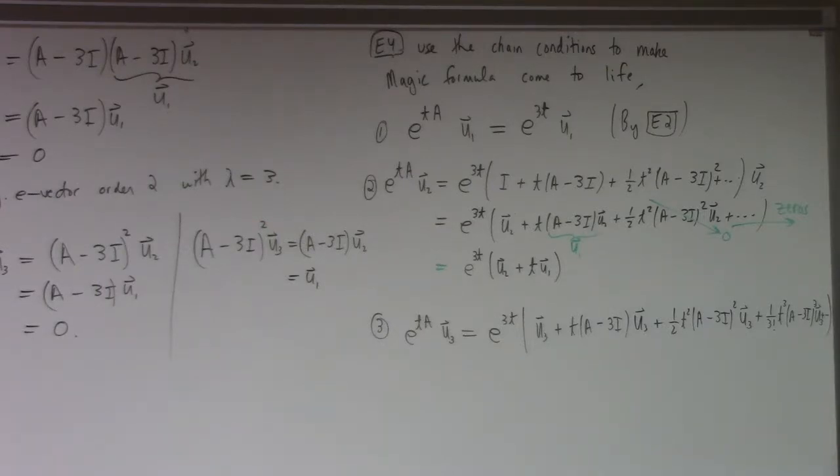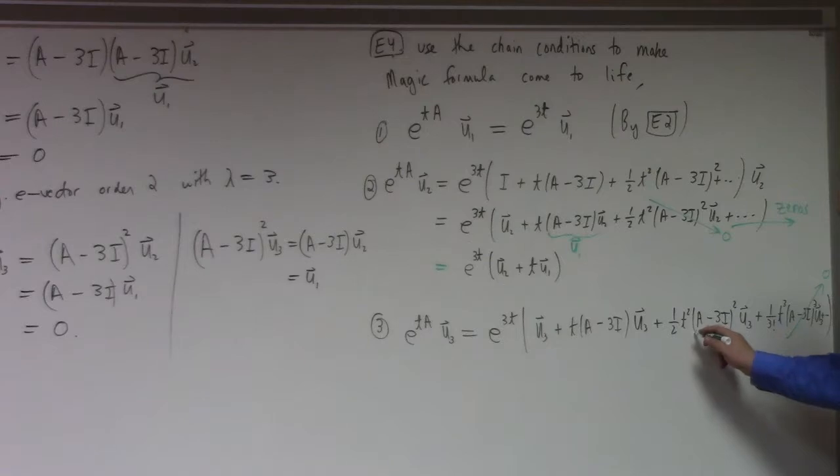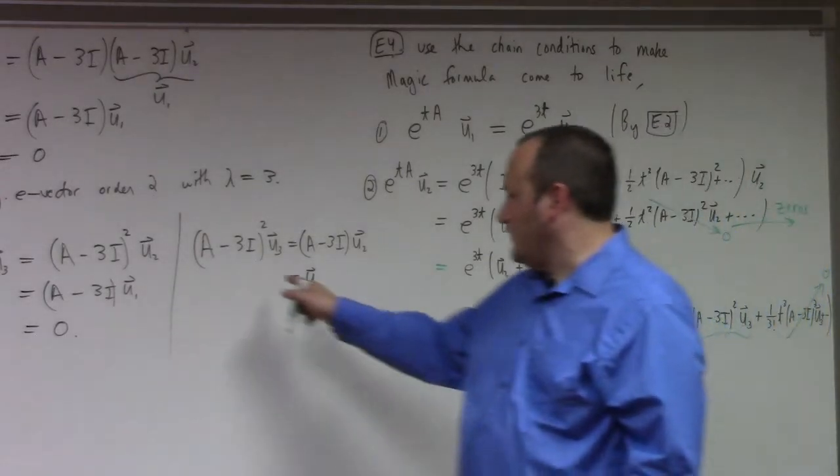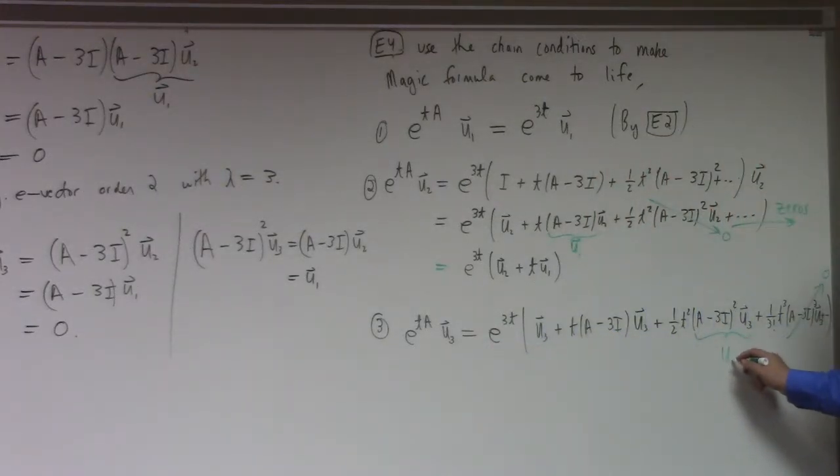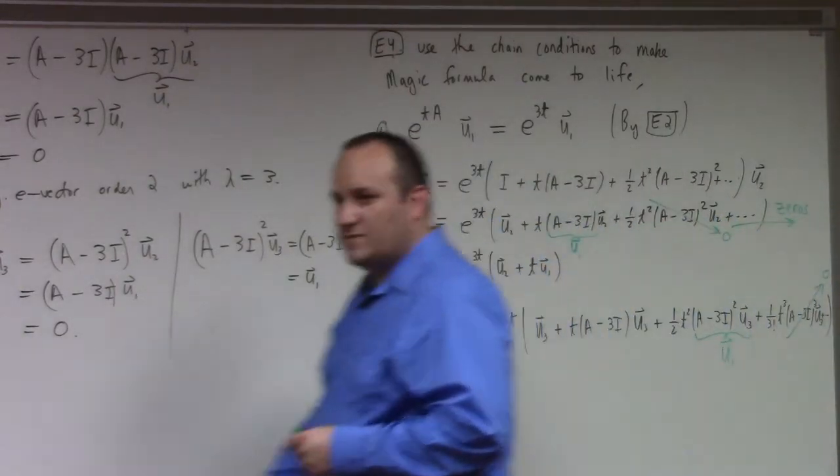The last thing I wrote, if we really understand what's going on, we don't even need to write, because u3 is a generalized eigenvector of order 3, which makes this term go away. It's gone. How about (A - 3I)^2 times u3? We worked that out over here. That was u1, right? And what was (A - 3I) times u3?